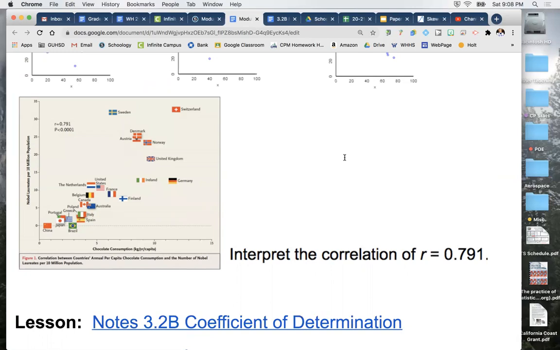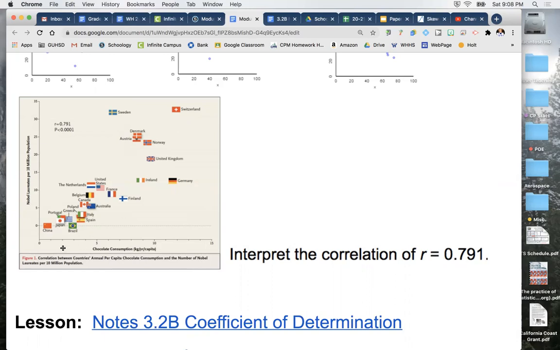The way that I would say that in relationship to this is 62.6% of the variation, like the distance that these are from the line, how much they vary from the least squares regression line, 62.6% of the variation in my Y values is explained by the least squares regression line.